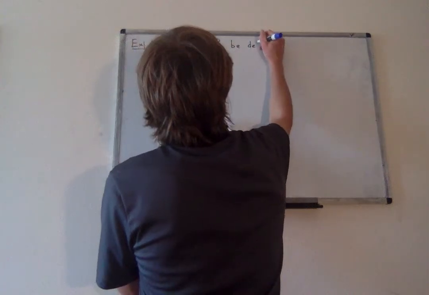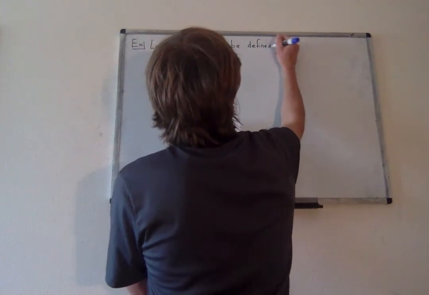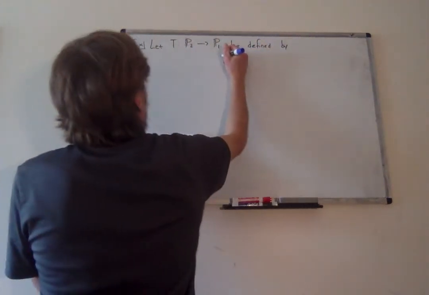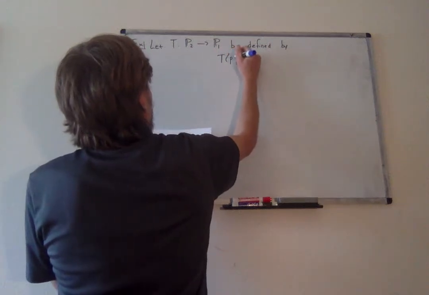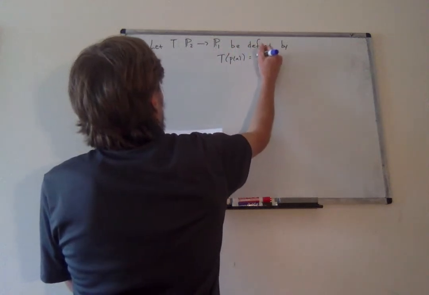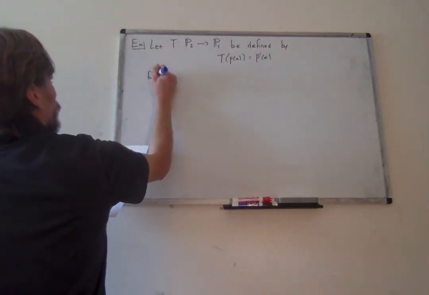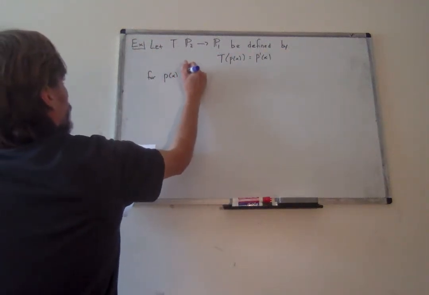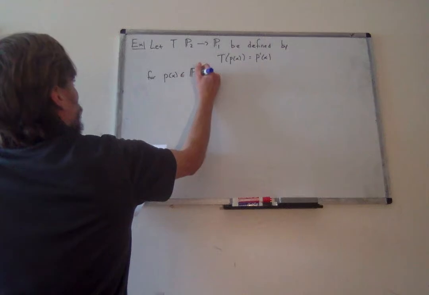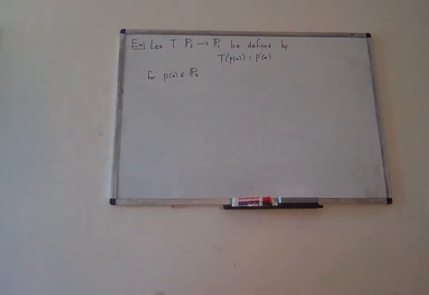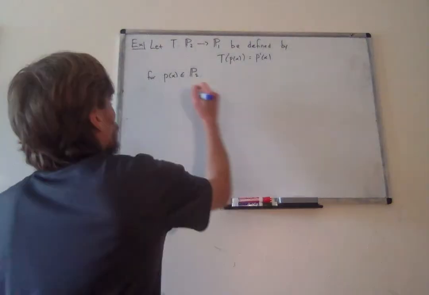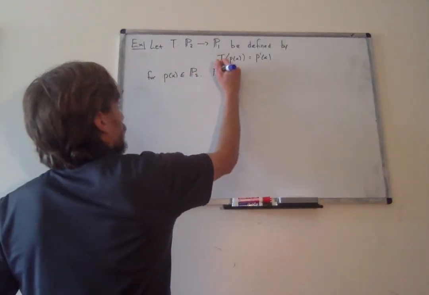And we know T is a linear transformation. Again, we're going to let T of P of x equal P prime of x for all polynomials P in our domain P2. And we want to find the kernel and the range of T.